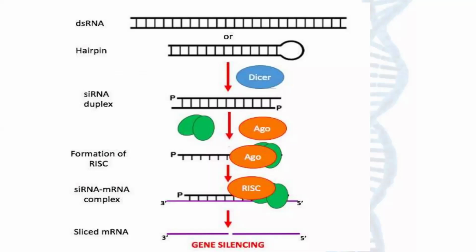Argonaute will bind with the antisense strand to form a complex called the RNA-induced silencing complex, which is complementary to the target mRNA. Then it will bind to the target mRNA and cut it. Once it is cut, it is recognized as an abnormal RNA, then digested and degraded. Therefore, the protein synthesis will be blocked. So that is for the short interfering RNA.